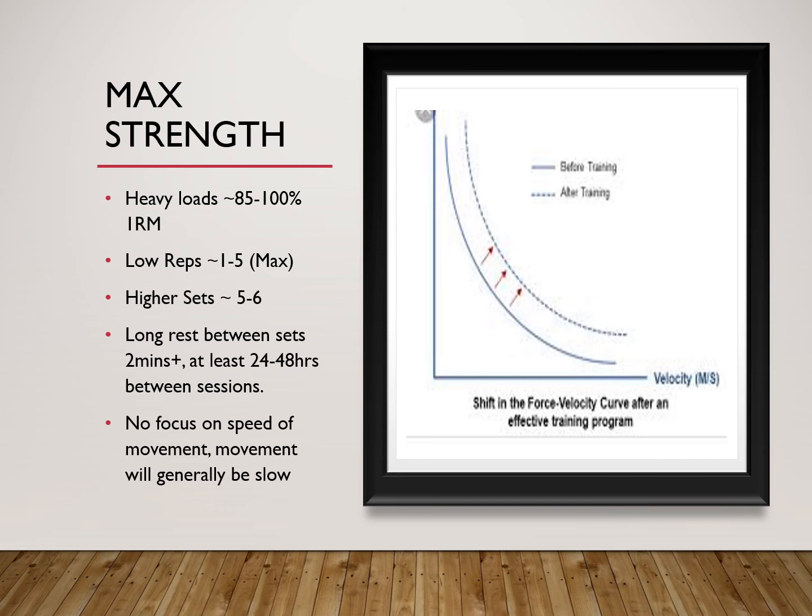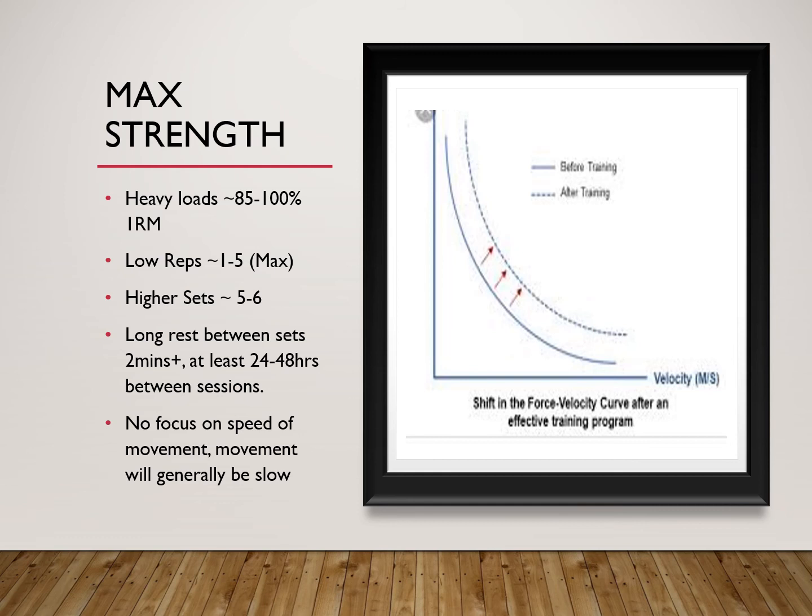And in order to do that, we have to use very high intensity loads, so anything around 85 to 100% of 1 rep max, and a much lower overall volume of training, so much lower rep ranges, say 1 to 5 at an absolute max, and relatively high sets in order to get a sufficient amount of training and overload into the muscles.